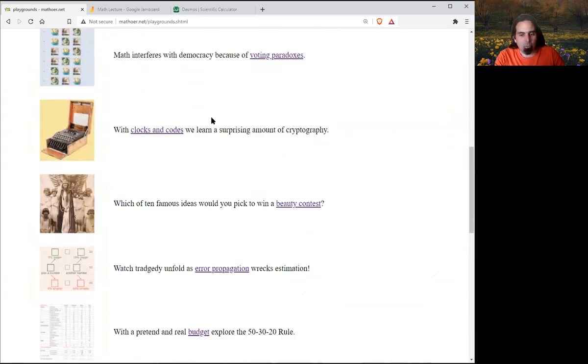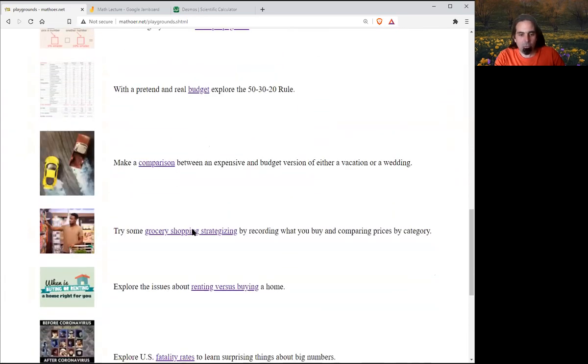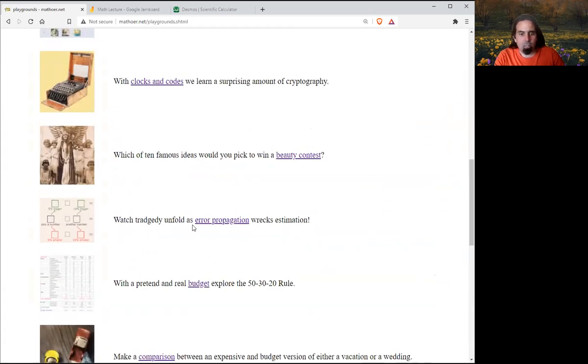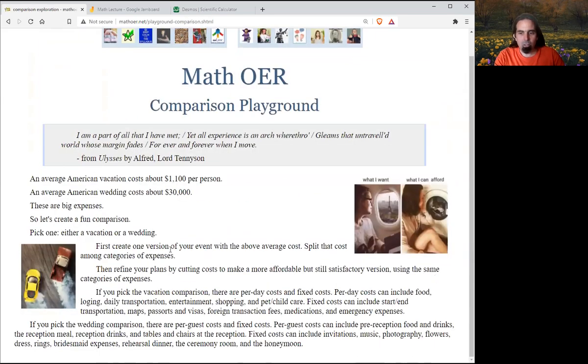Maybe you have a friend who's planning a wedding or a vacation, and you want to do the comparison one where you take a typical expensive American vacation or wedding and think about what that dream would be, and then scale it down to what you or your friend can actually afford, because most of you are young and don't have all the money of a retired person.